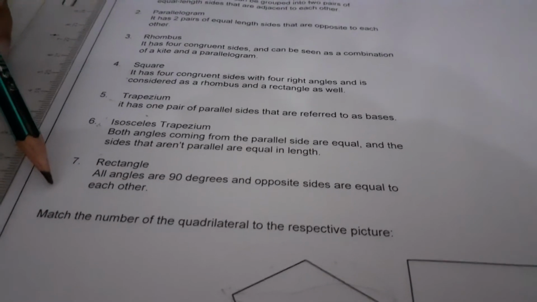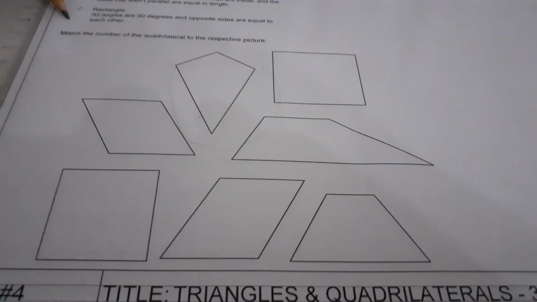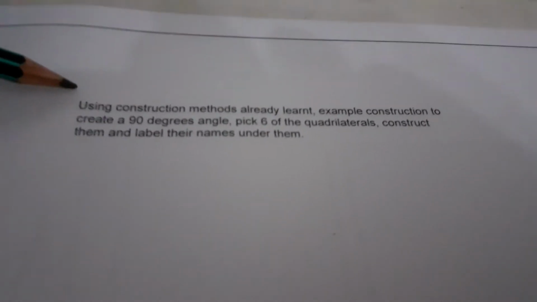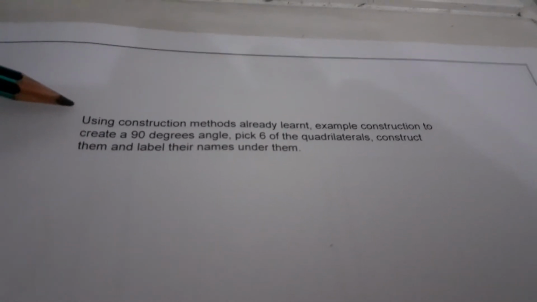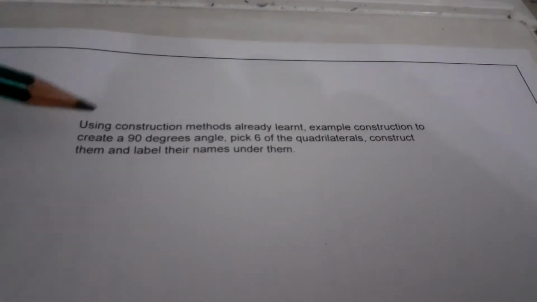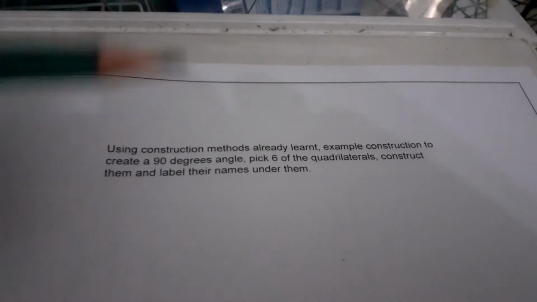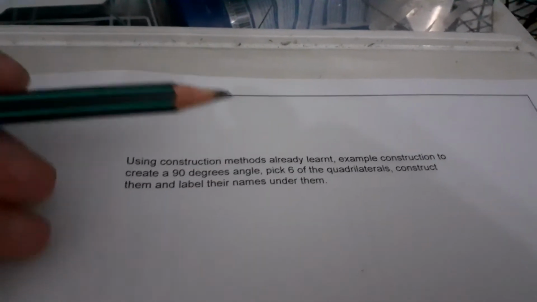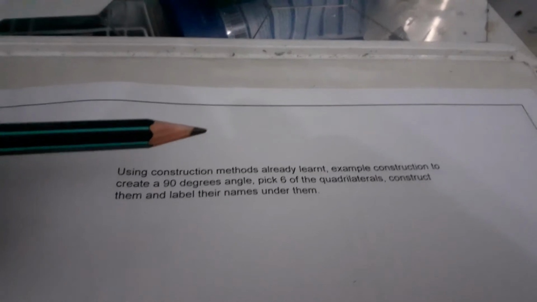Match the number of the quadrilateral to the respective picture. Okay? Now, after you're done with this exercise, we have the next one over here. Using construction methods already learned. So, the 90 degrees, 60 degrees, 45, 30, those.